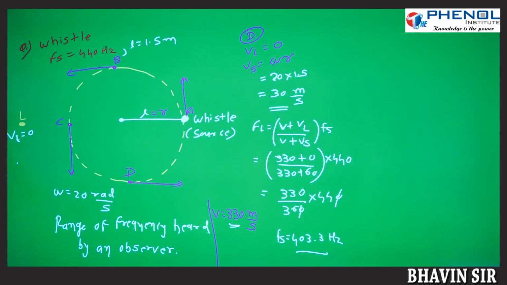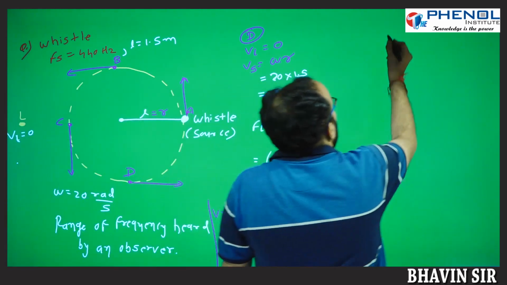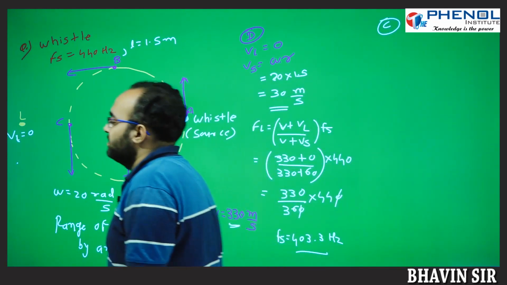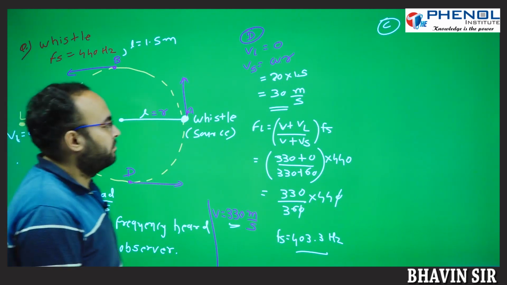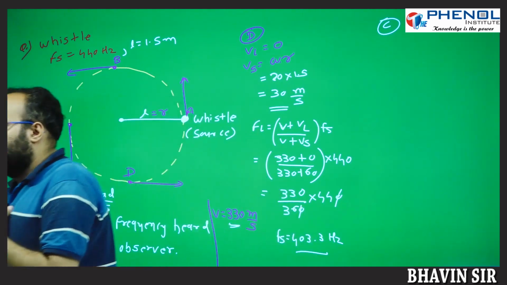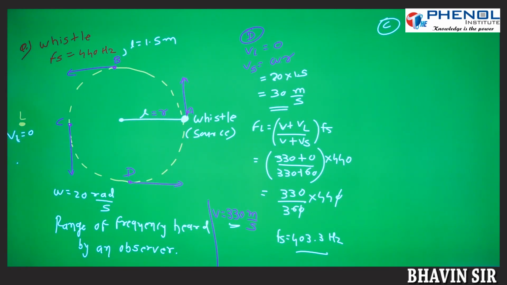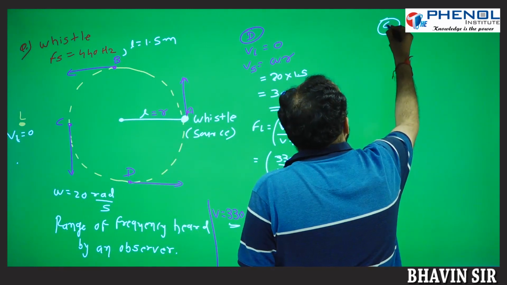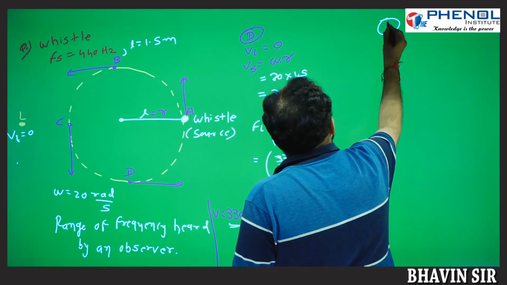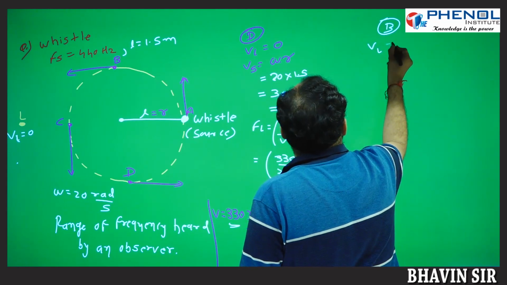Now we consider point B. Again V_L is 0.